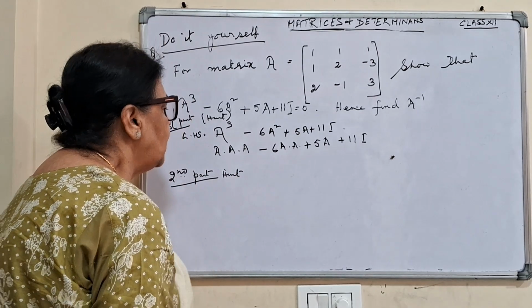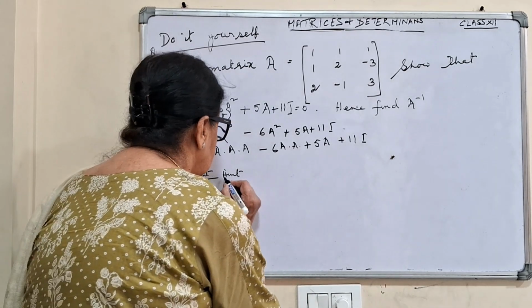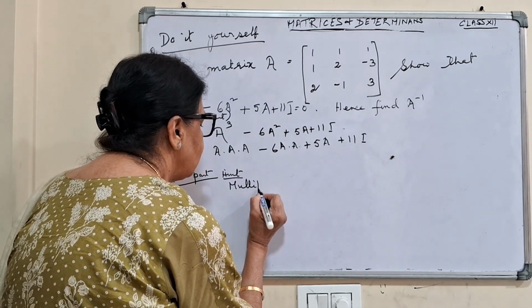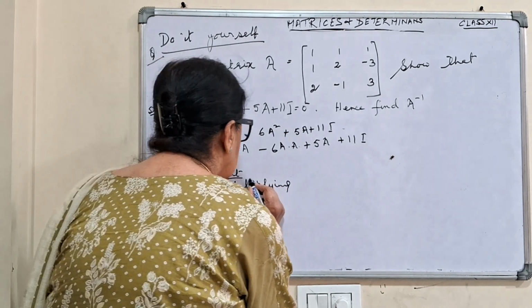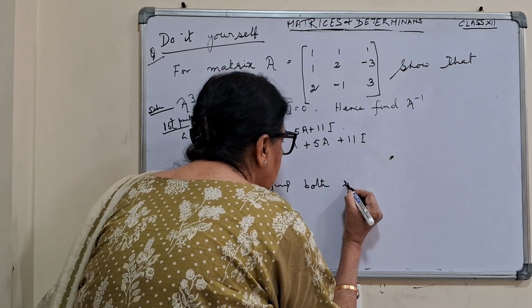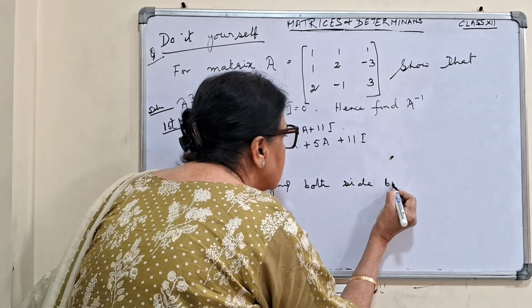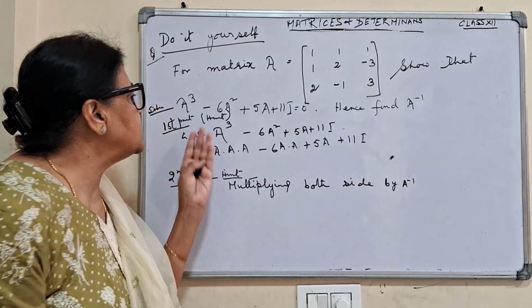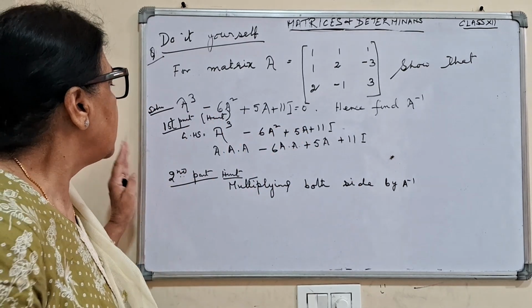I'm multiplying both sides by A inverse. Already you have proved it is equal to 0.